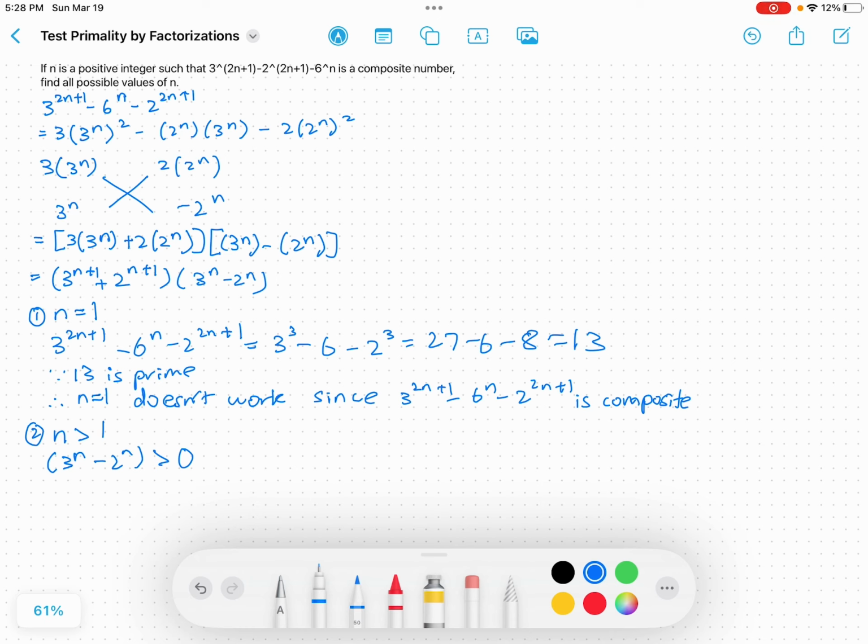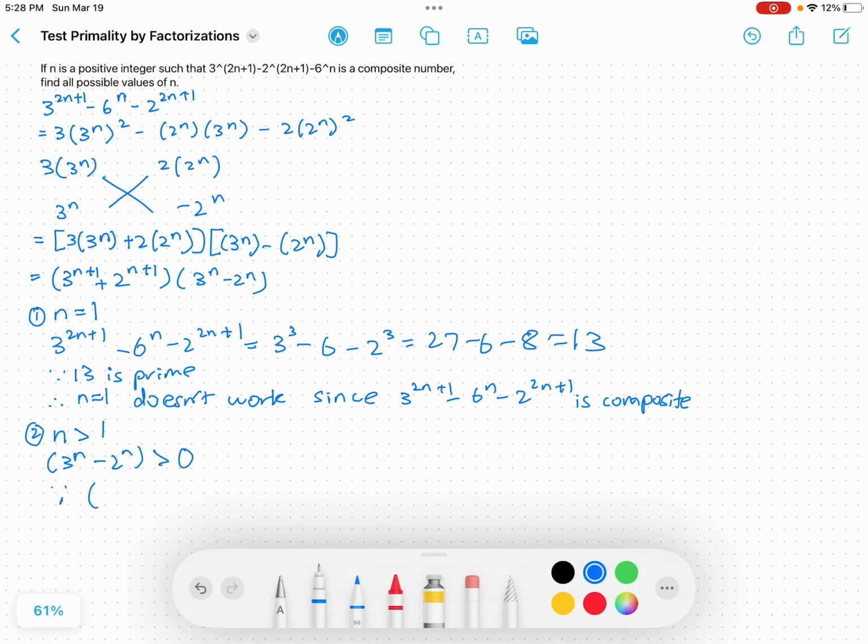Because 3 to the power of n minus 2 to the power of n is going to be greater than 1. Since 3 to the power of n plus 1 plus 2 to the power of n plus 1 is greater than 1, and 3 to the power of n minus 2 to the power of n is greater than 1.